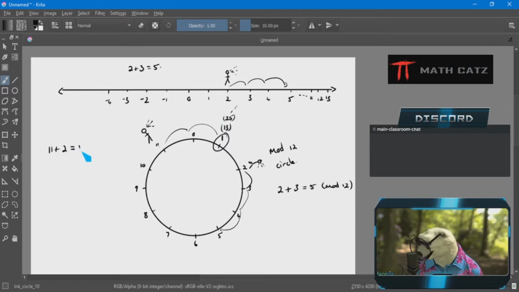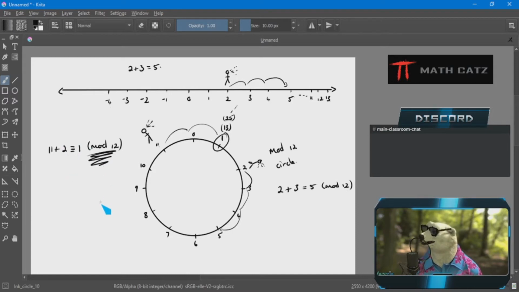So I then say this is 1, and I specify because I'm counting on a mod 12 circle. This is not equal in the same way as the number line arithmetic was, because this is more of a class that it's equivalent to. So we put a little extra line there, and we call that a congruency. But if you want to write an equal sign to make yourself feel better, totally fine.